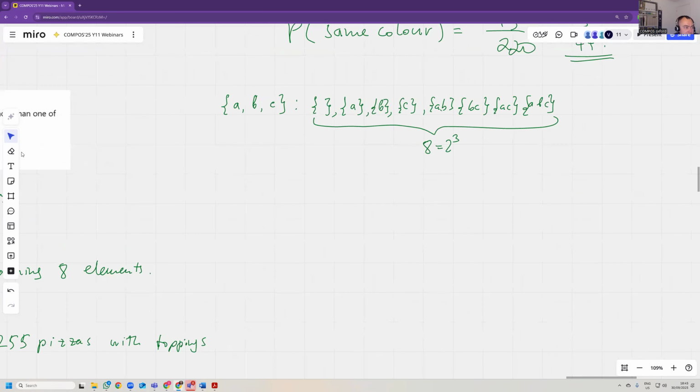So it would be 1 plus n plus n choose 2, because you're choosing 2 out of n, times 2 factorial, plus n choose 3 times 3 factorial, plus n choose n times n factorial.